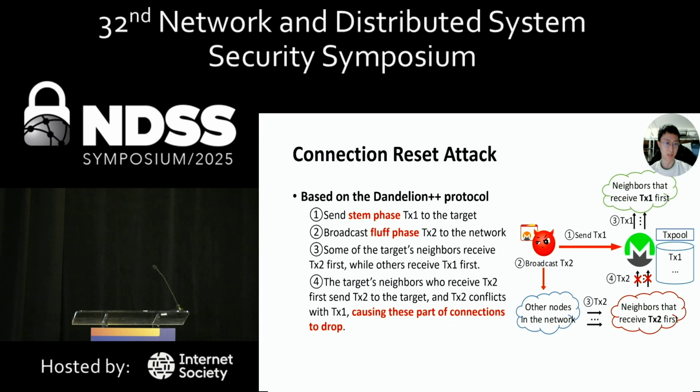Since TX1 starts in the stem phase, it will propagate in a hop-by-hop manner across the network, unlike TX2, which propagates rapidly across the entire network. As a result, most nodes in the network will receive TX2 first, while only a few nodes will receive TX1 first. For the target node's neighbors, some of them will receive TX2 first, while others receive TX1 first. Thus, those neighbors who first receive TX2 will send TX2 to the target, which will cause the connection between the target and them to be dropped. So this is the second connection reset attack.